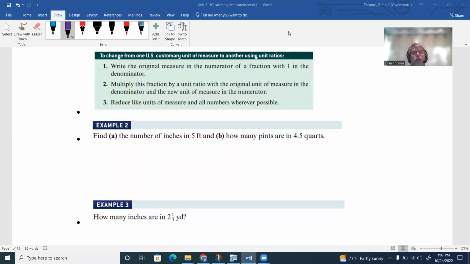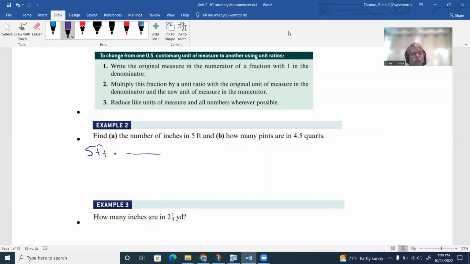So when changing from one customary unit to another, one of the things I like to use is what's called a unit ratio. So if I want to find the number of inches in 5 feet, so how many inches is equal to 5 feet? What we do is we start with the given unit of measure, which is the 5 feet. And what I want to do is I want to multiply it by a unit ratio.